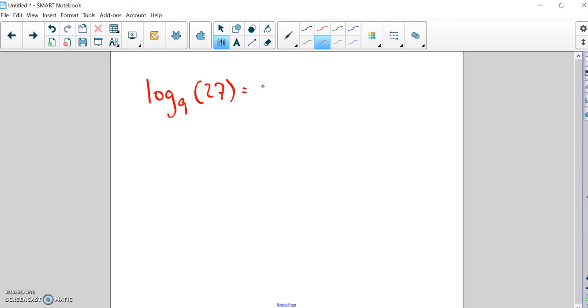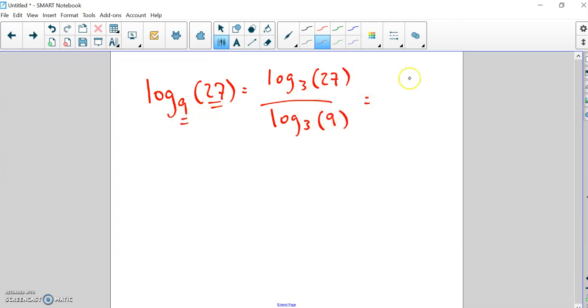So using the change of base property here, you can make this log base 3 on the top and the bottom, but we can put the 27 up in the top logarithm, and the 9 in the bottom logarithm. Log base 3 of 27 is 3, and log base 3 of 9 is 2. So log base 9 of 27 ends up being 3 halves when we are done.